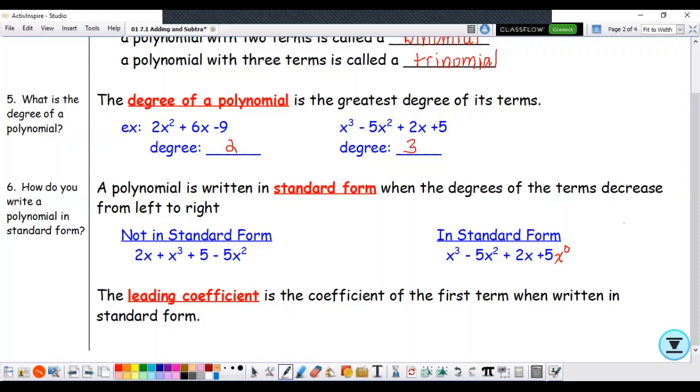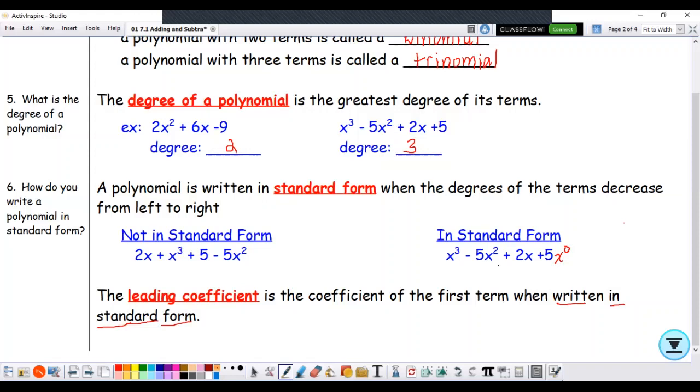The leading coefficient is the coefficient of the first term when written in standard form. That is very important. If you want to know the leading coefficient of a polynomial, it must be written in standard form.